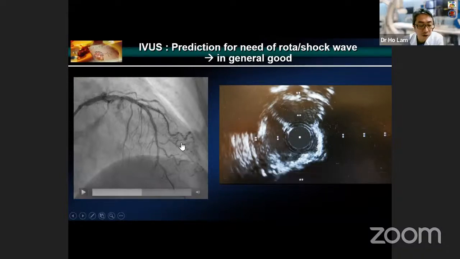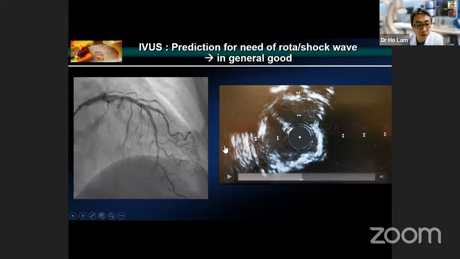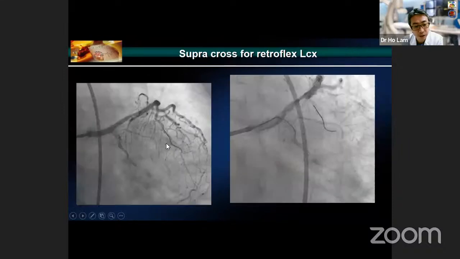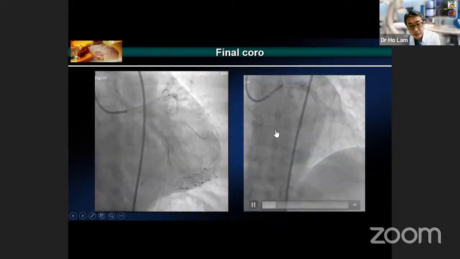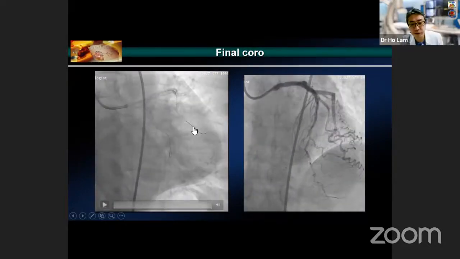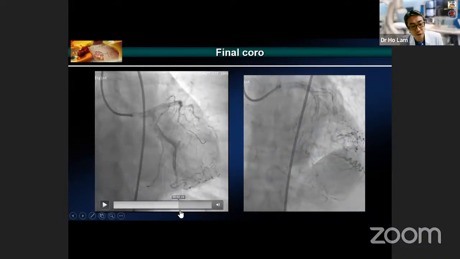For this sort of lesion, it can be opened by an NC balloon. So we just use NC to open and then stent. The major challenge of this case is to use a Supercross to wire this subtotal lesion, and then we finish the case. With some stents, this was the final result.